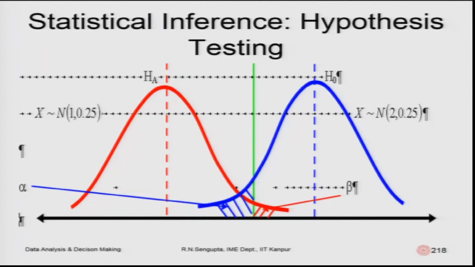So, consider for the time being that the green line in front of you demarcates the point 60. Any person to the right, whose score is there, would be given that loan, and any person to the left of the green line, as you see on this slide, would not be provided any loan.